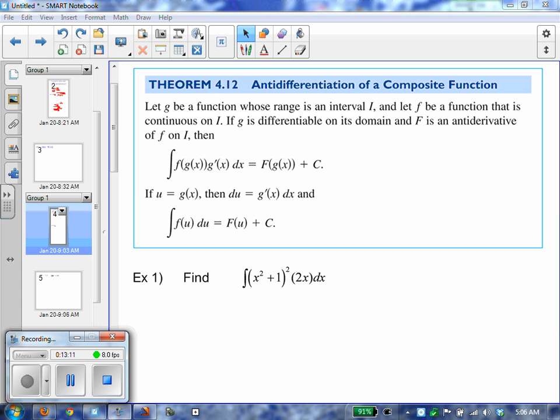If you have the integral of a function within a function with its derivative out here, you can break that up. So essentially, we're going to let the inside part be u, and then we're going to have to figure out what du is, and then make our substitution.